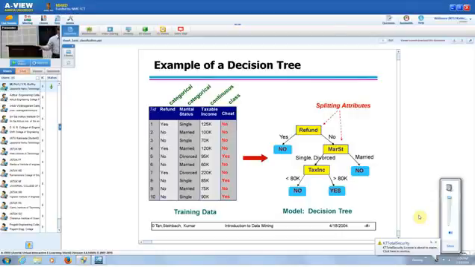Then with these things, they have an idea that somebody is a cheat or not a cheat. For that he has drawn a decision tree.